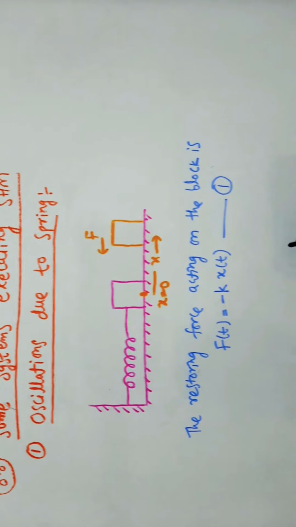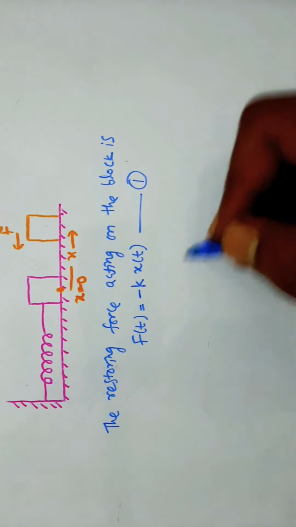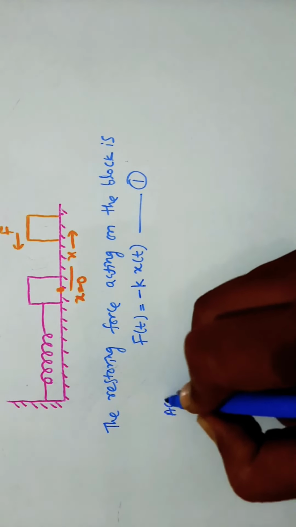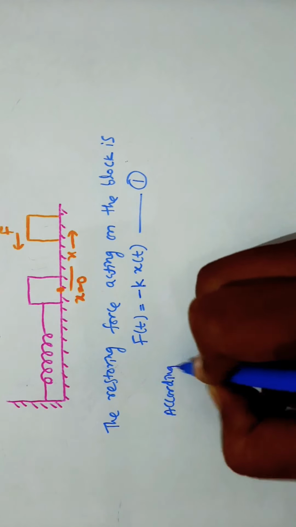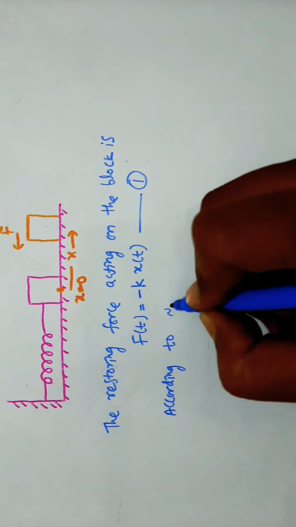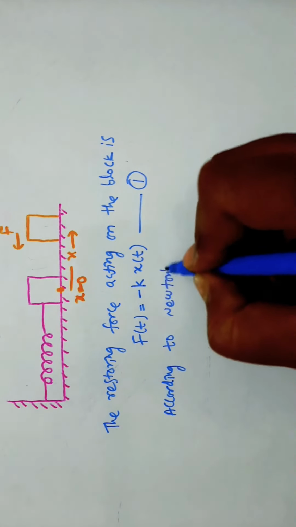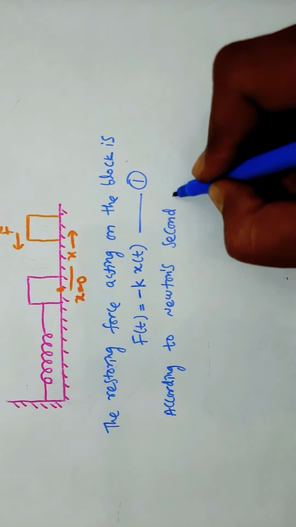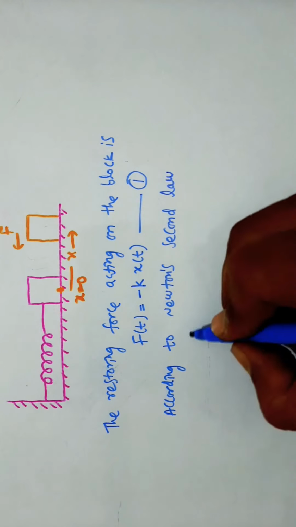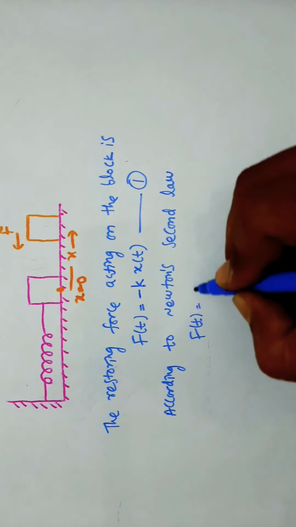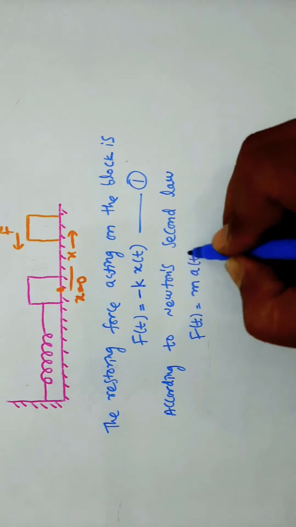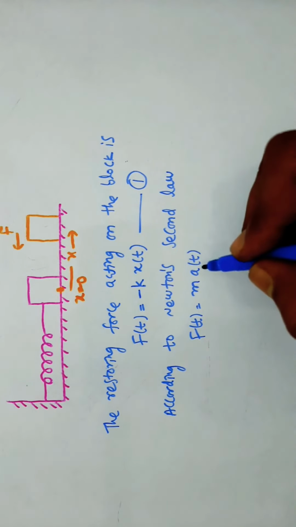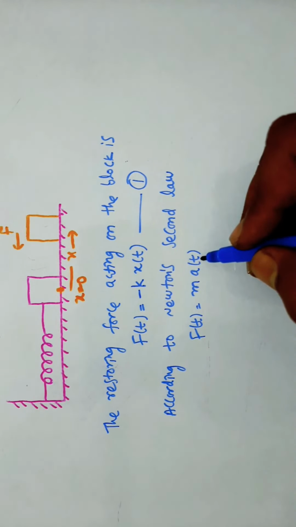We know that according to Newton's second law, F(t) is equal to m a(t), but we know a(t) is equal to minus omega square x(t).